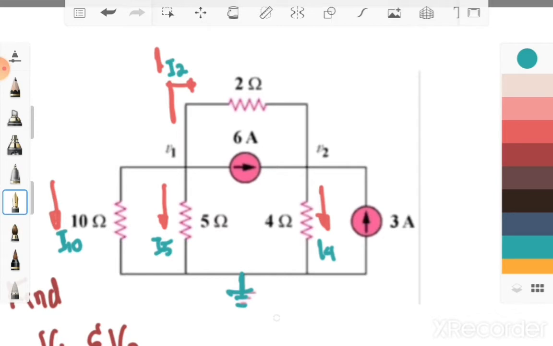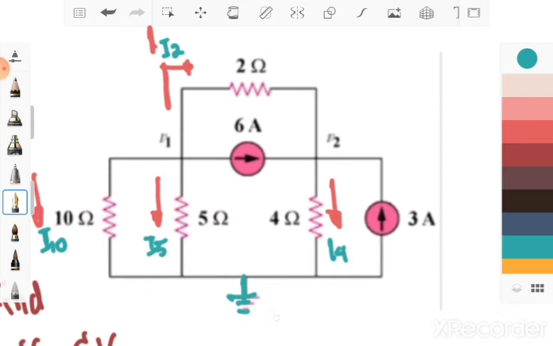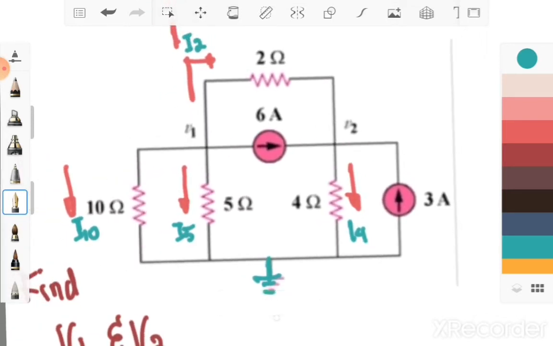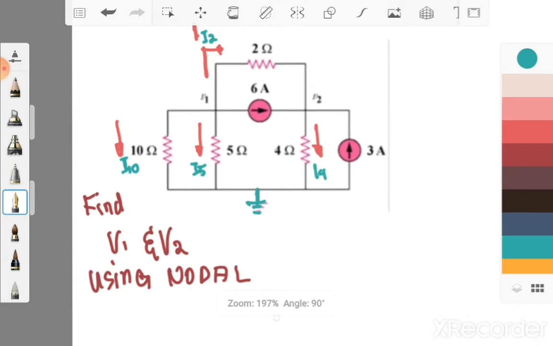Actually, guys, kaya linagay ko yung subscript is 10 ohms, 2 ohms, 5 ohms in order to indicate that that current is going to your resistor. Resistor 10 ohms, resistor 5 ohms, resistor 4 ohms, and resistor 2 ohms. Alright? So, since meron tayong indicated current and also direction, the best thing to do is to select our nodes.